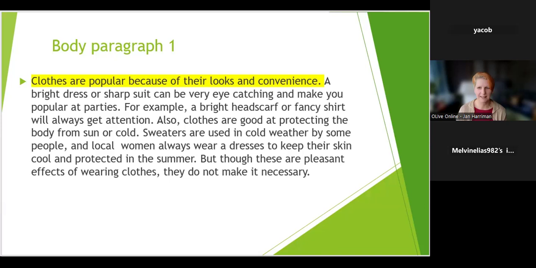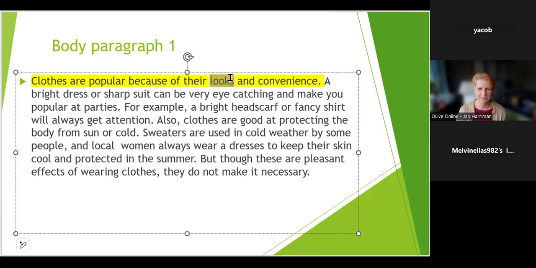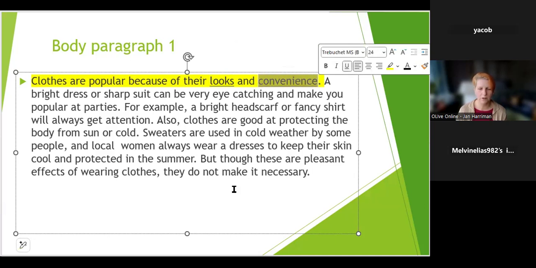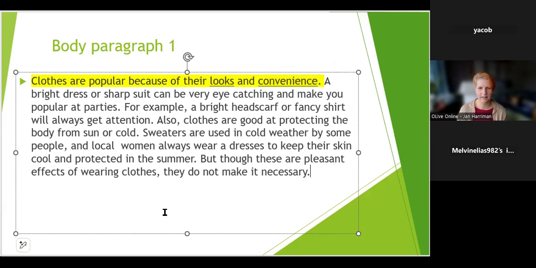What are we going to talk about in this paragraph? Two words, right? This is what's meant by a clear, structured paragraph. Clothes are popular. This first sentence tells you what the paragraph is going to be about.